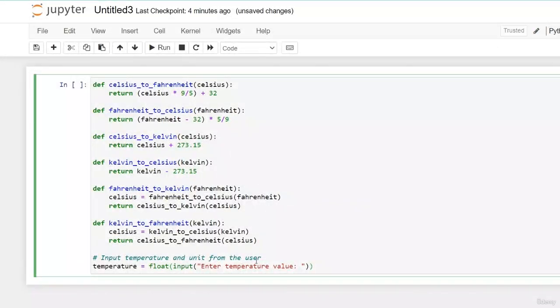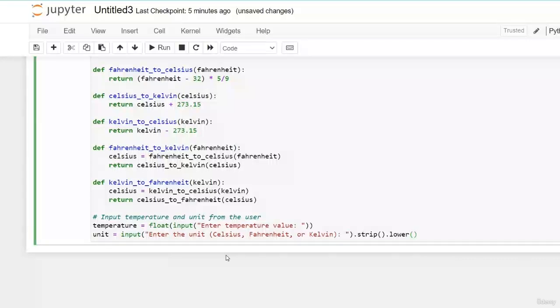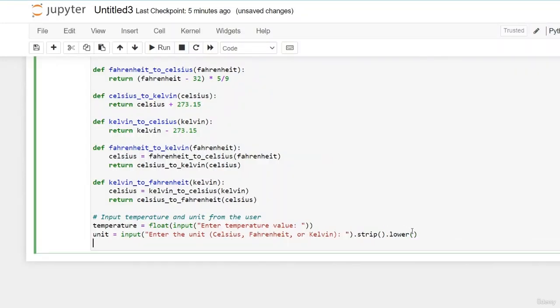So this will take in the temperature value that the user inputs. But when you input a value, I need to know the SI unit of that value, so I have another input to take the SI unit. I want the user to enter whether the temperature value inputted the first time was Celsius, Fahrenheit, or Kelvin.